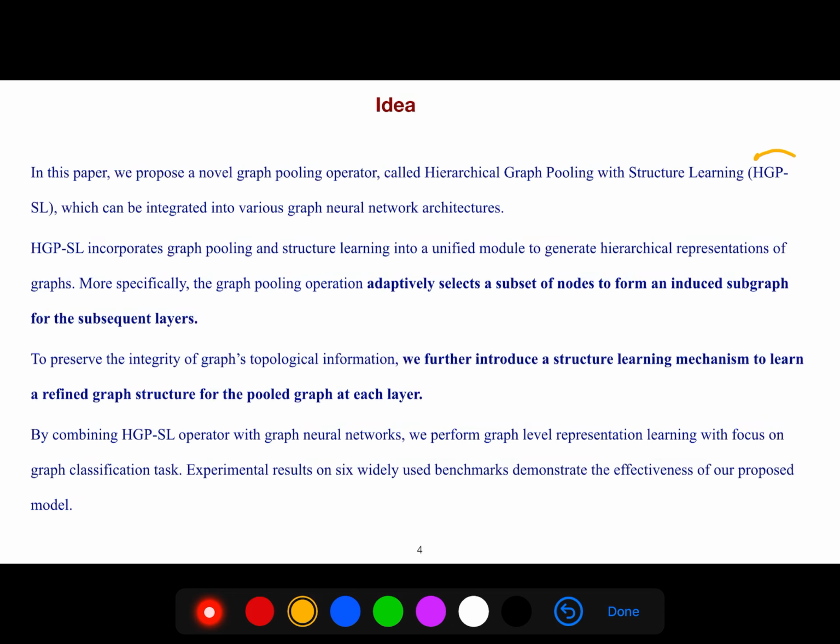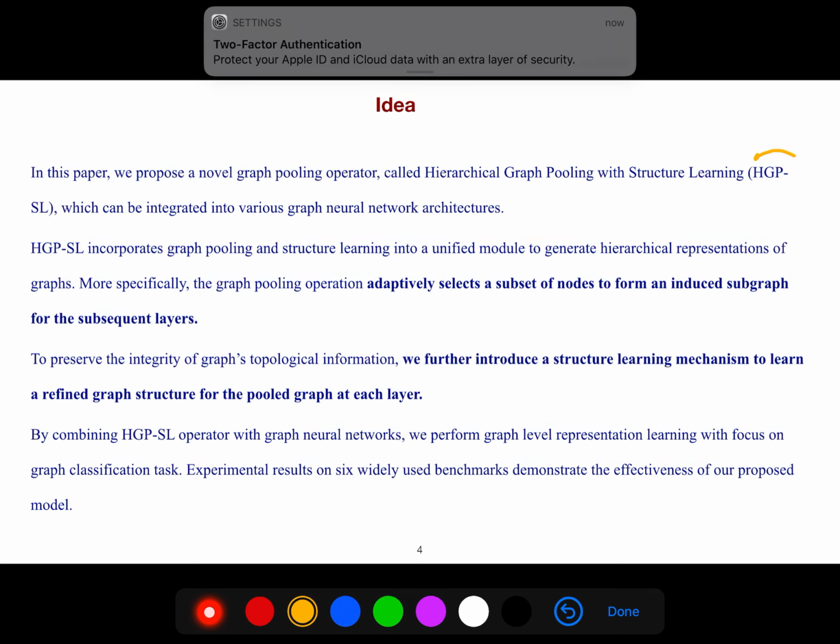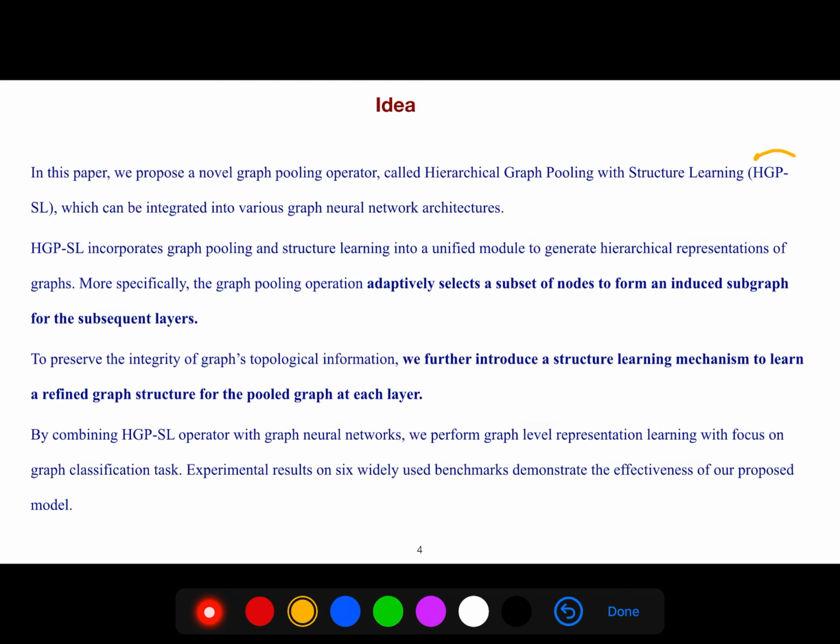graph neural network architectures. It incorporates graph pooling and structure learning into a unified module to generate hierarchical representations of graphs. More specifically, the graph pooling operation adaptively selects a subset of nodes to form an induced subgraph for the subsequent layers.